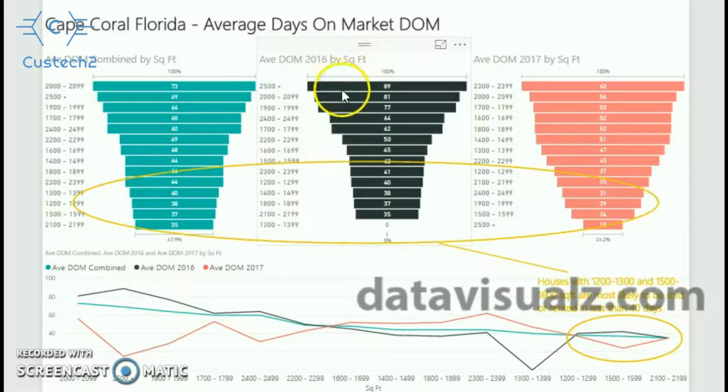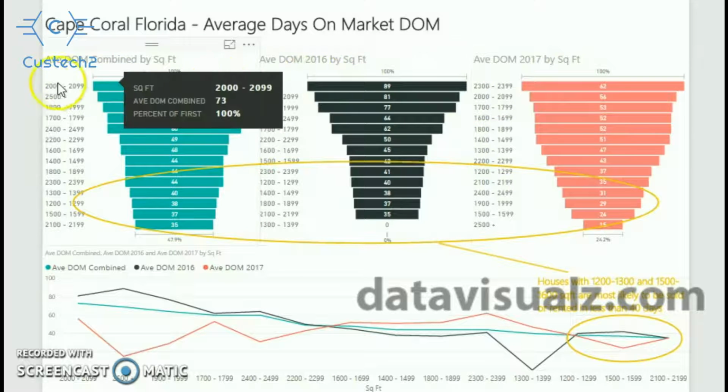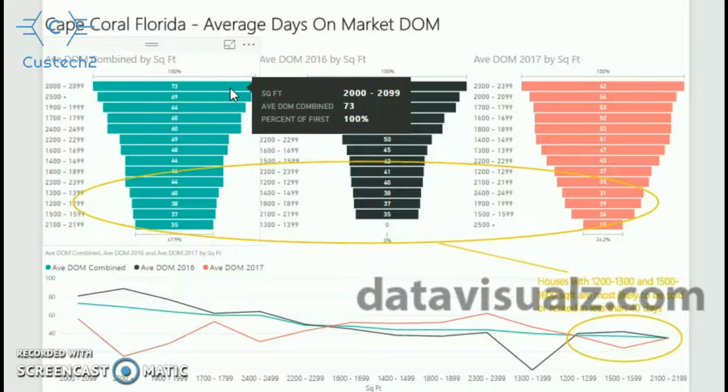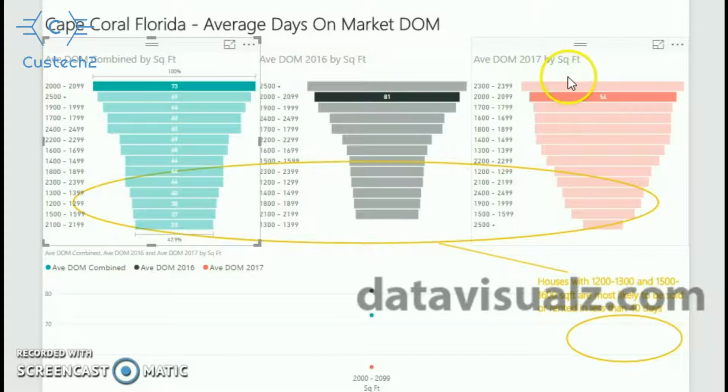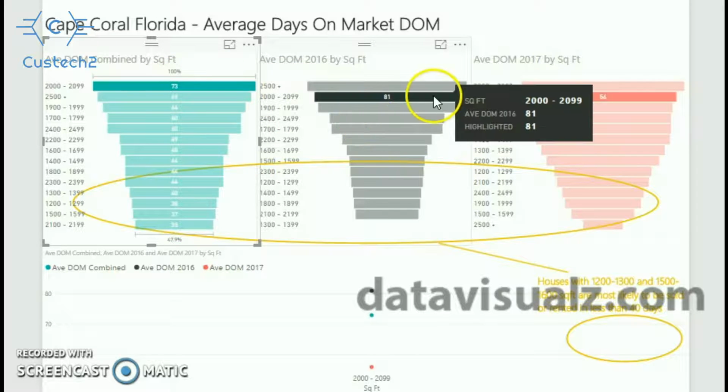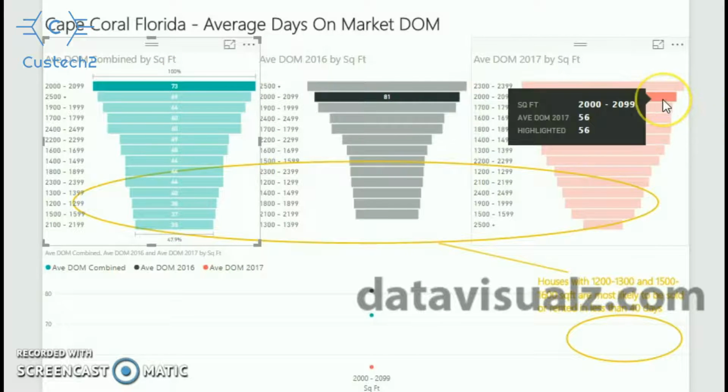This data is for 2016 and this is for 2017, and we can clearly see that from 2000 to 2100 size of the house, the days on market is highest, that is 73. If I just filter it, you can easily see that it's from 73, 81, 56.